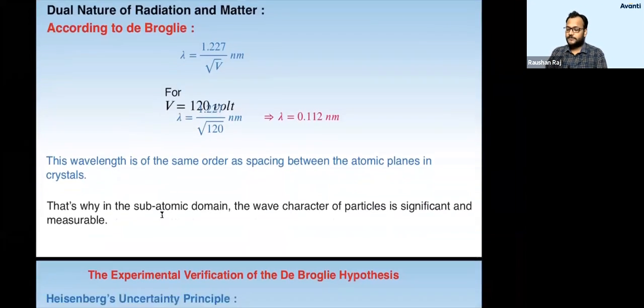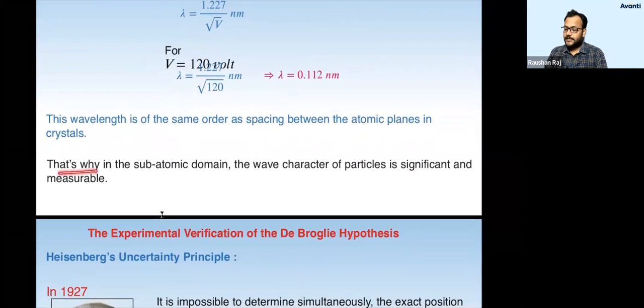You can measure that. So wavelength is what? The same order as spacing between the atomic planes in crystals. That is why in subatomic domain, the wavelength character of the particle is significant. वेव थ्योरी मैंने पढ़ाया था.